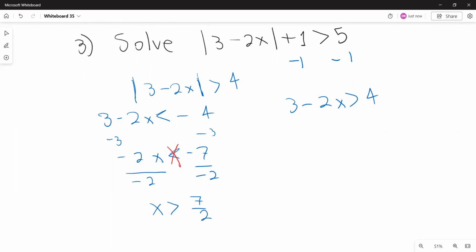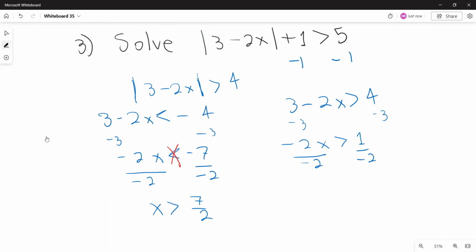And we're going to solve the inequality on the right. Subtract 3 from both sides. So the opposite of 2x is greater than 1. Divide both sides by negative 2.